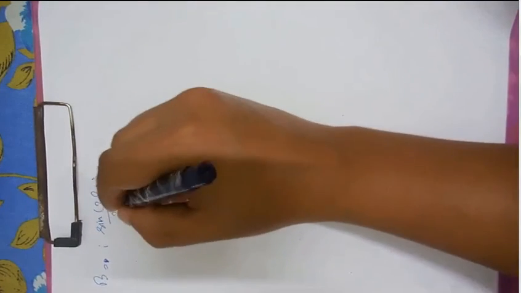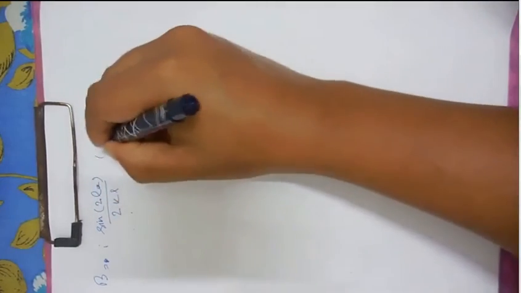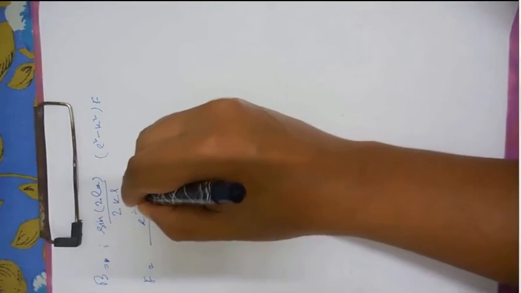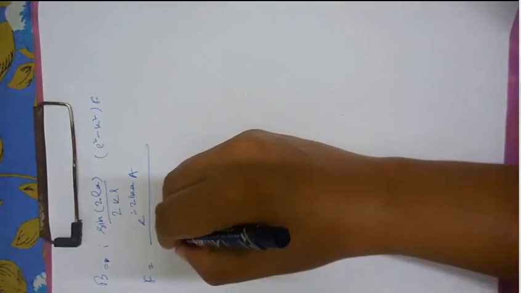So now solving those equations, you can get b equals i sin 2la by 2kl times (l square minus k square) f. If you can do it at your home, you can check it out.